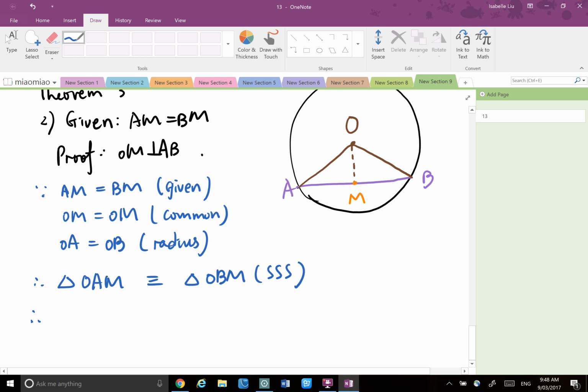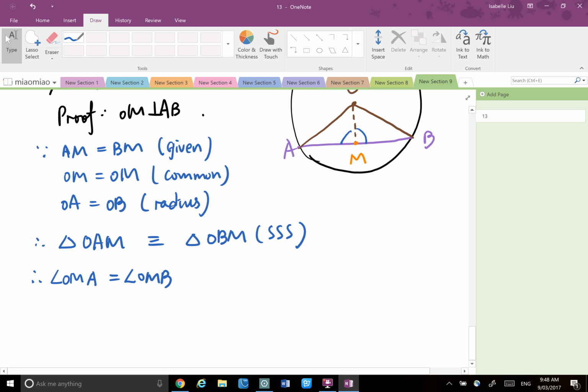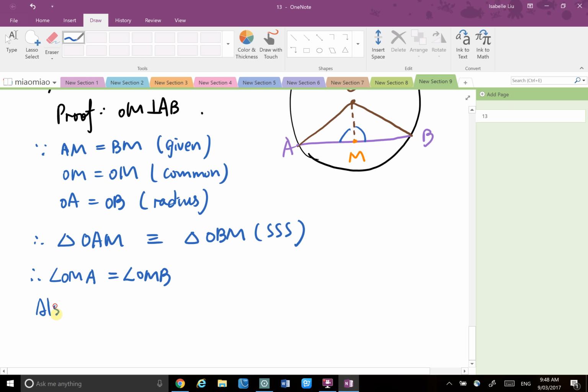So what you will know now is that angle OMA equals angle OMB. Those two angles must be equal. But also angle OMA plus angle OMB will equal 180 degrees. Those two angles are the same, and those two angles add up to 180.